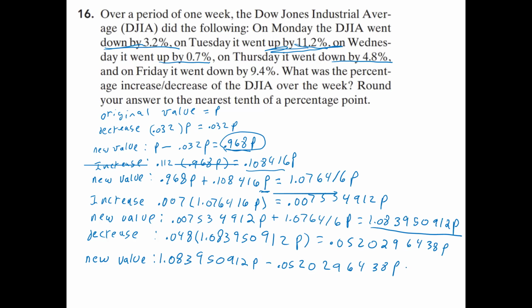And that is going to equal, and now I'm just going to round it to 4 decimal places, 1.0319P.